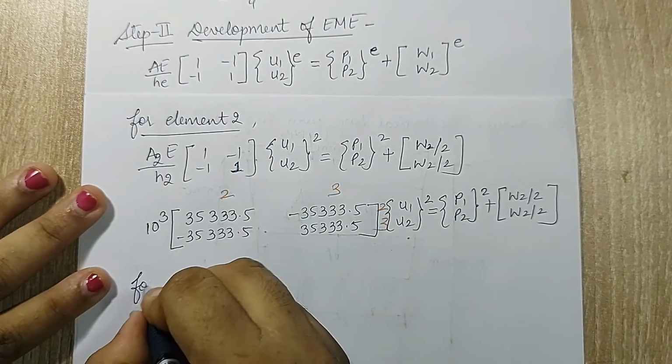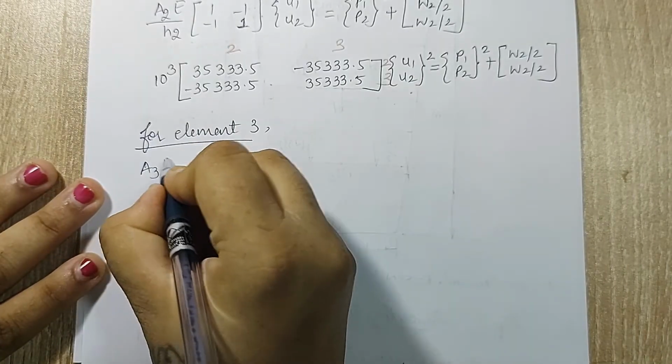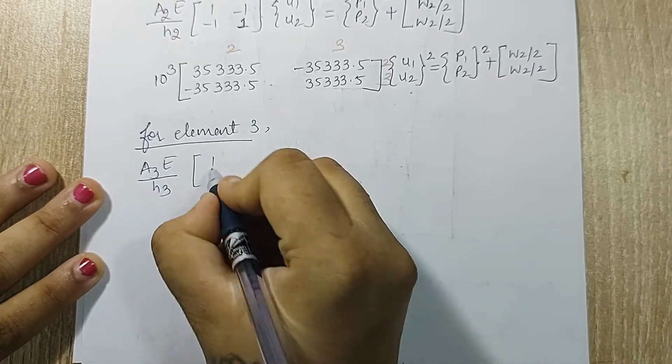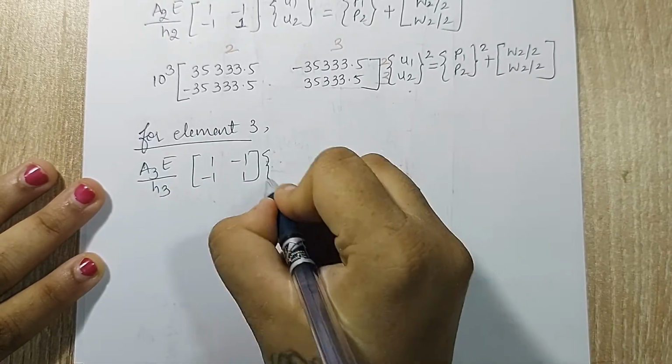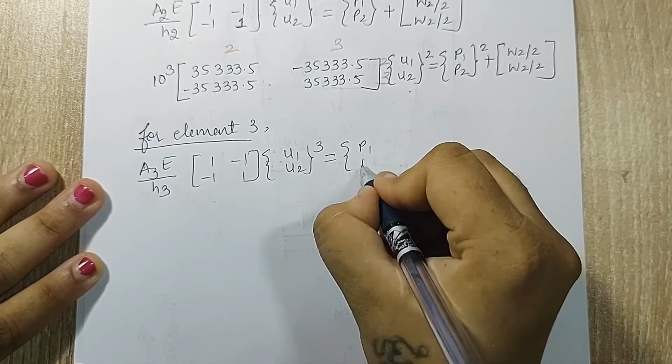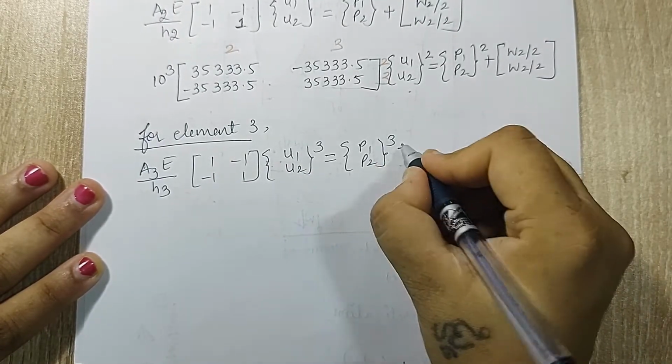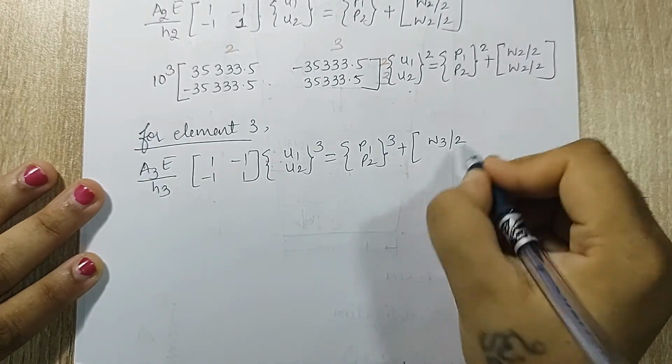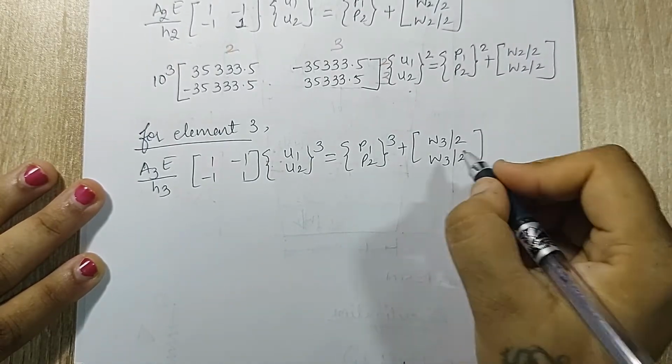Next I'll solve for element 3. This will be A3 E upon H3, [1 -1; -1 1], U1 U2 raised to 3 is equal to P1 P2 raised to 3 plus W3 by 2 and W3 by 2.